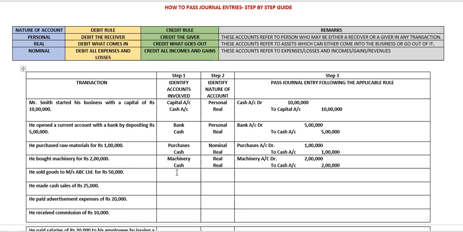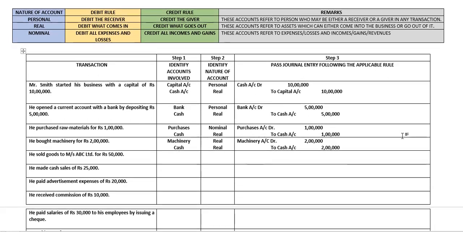I think we are clear so far, following the rules above, and yes, you can see that things are going smooth without any problem. We haven't memorized these entries, we are just passing them using the transactions.